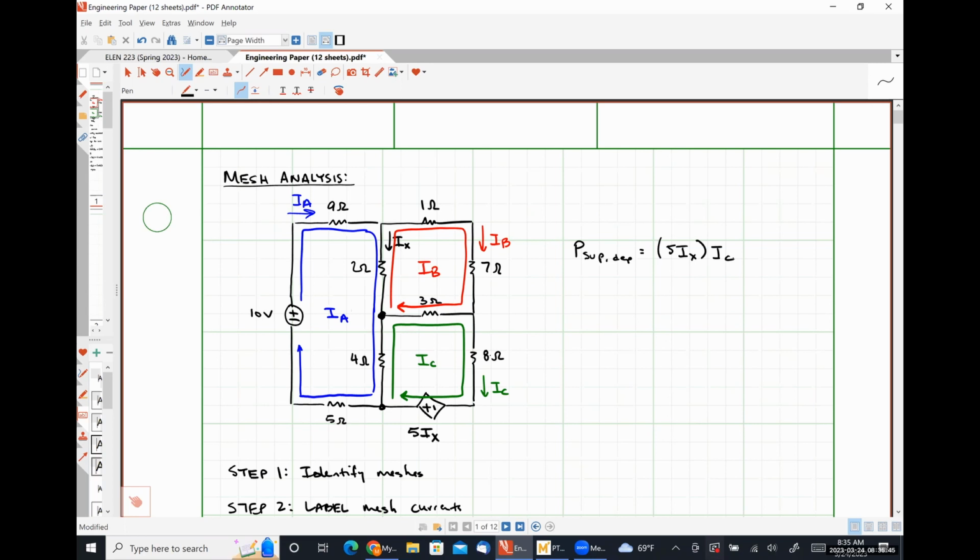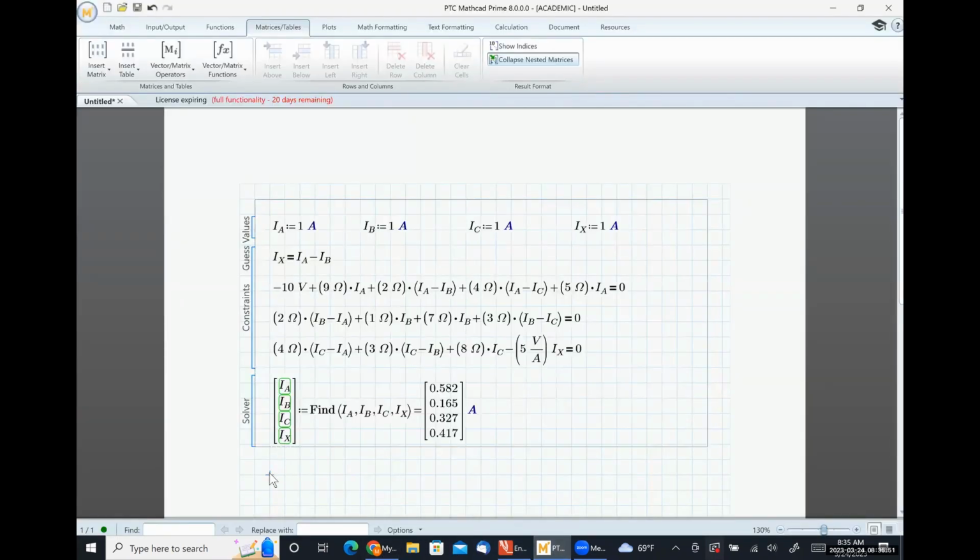So we come into MathCAD here. We could say that P dependent is simply 5 volts per amp times IX times IC, and we get a power measured in watts, right? Let's see what would happen if I didn't put that matrix on the left, if I didn't store these variables. It doesn't know what anything is, because everything that's in the solve block is only in the solve block.